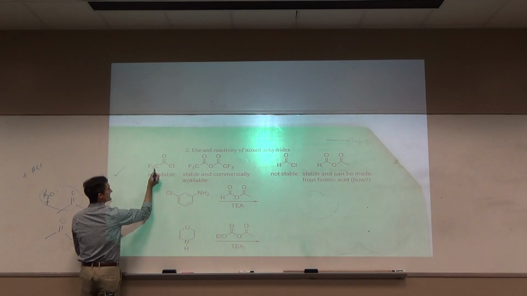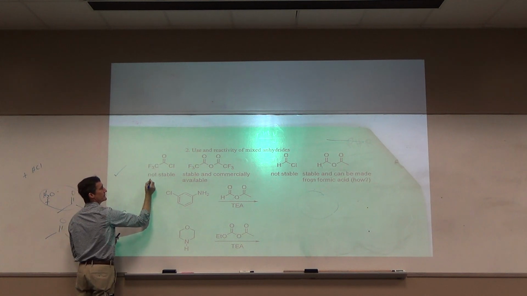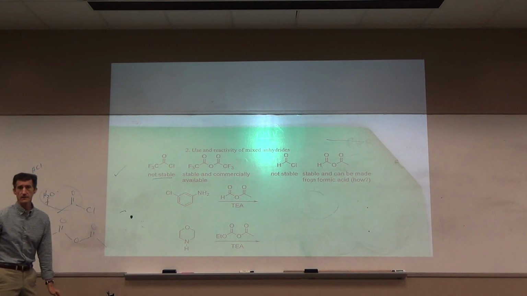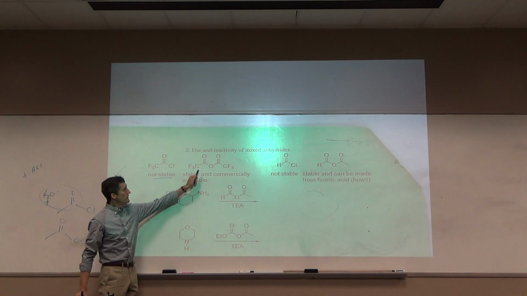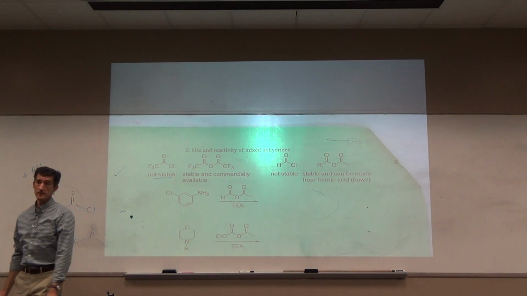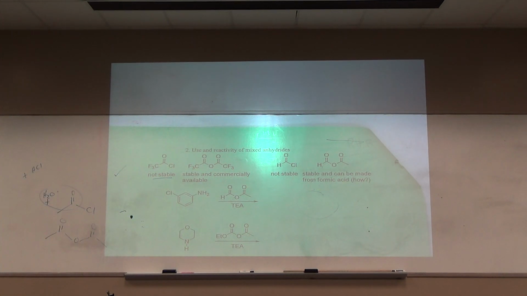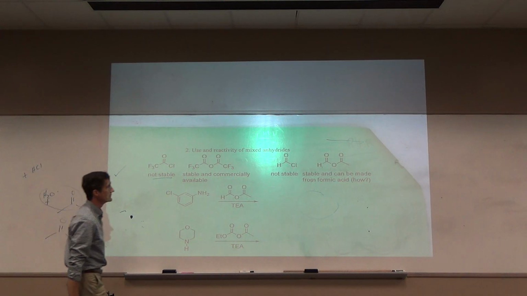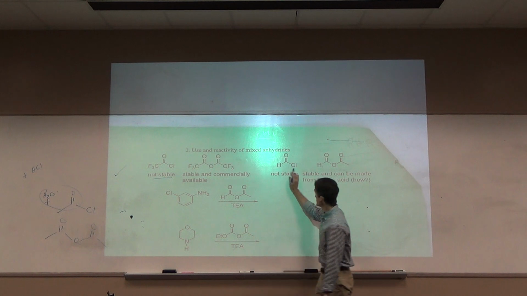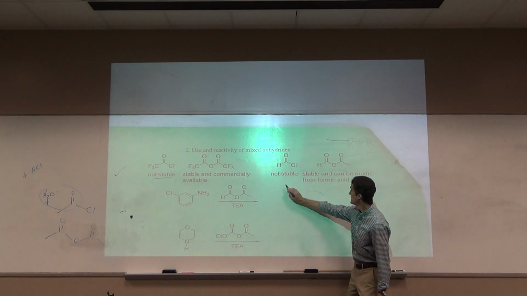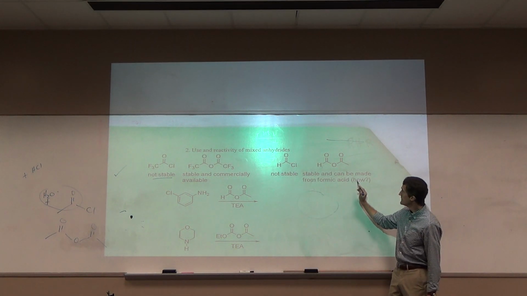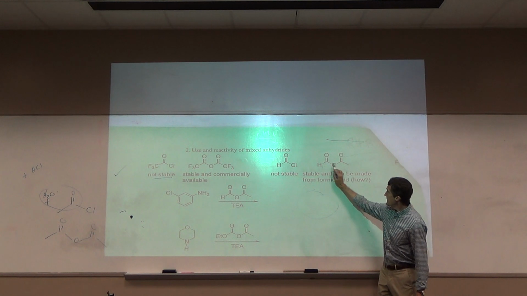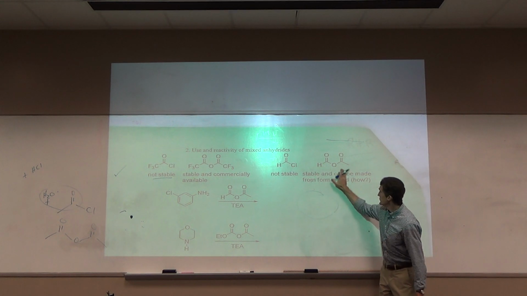For example, with 3 fluorines here, that's not stable. But the anhydride is. And you can use it for your acyl substitution. This is also not stable with just an H here. But the mixed anhydride is often used.